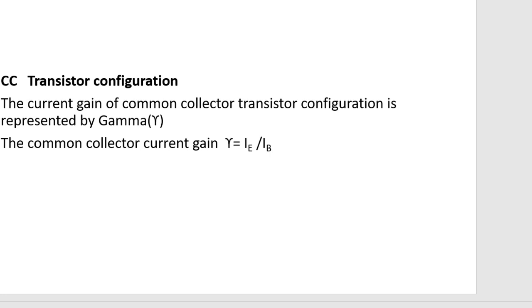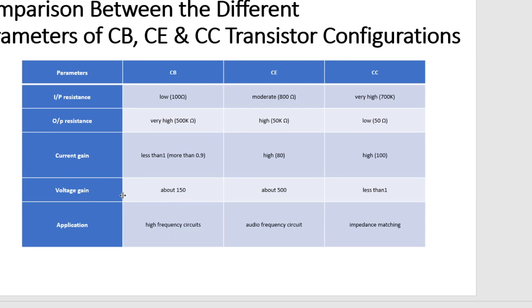Next we will have a comparison between all three transistor configurations and discuss which configuration is best for a particular application. This is a table that represents the different transistor configurations CB, CE and CC and their corresponding parameters like input and output resistances, current gain, voltage gain and particular application.